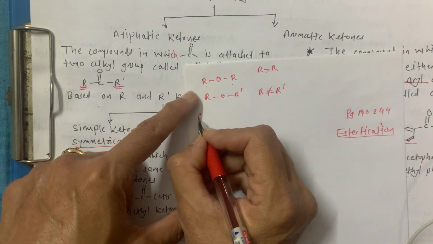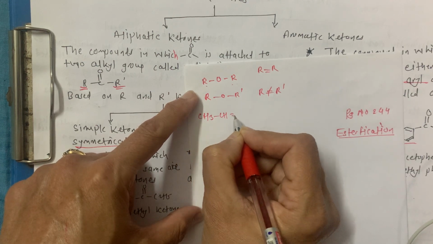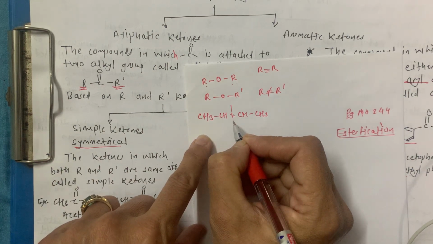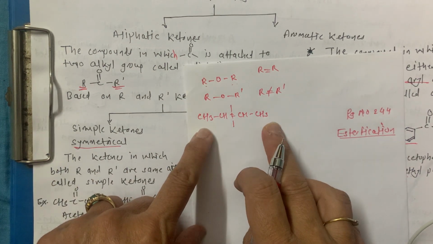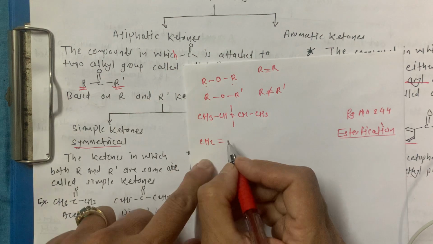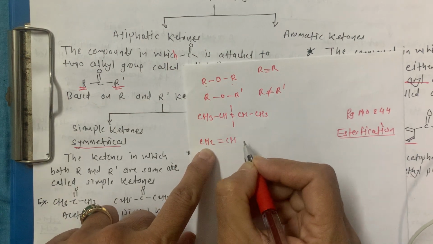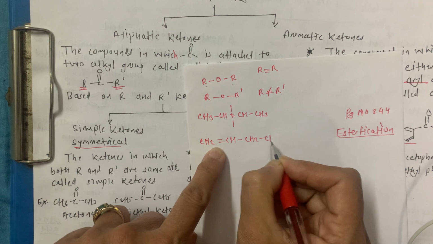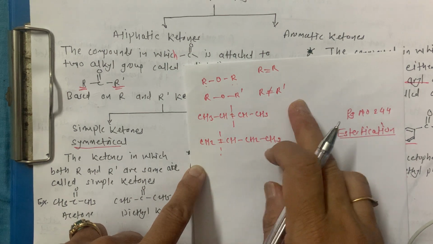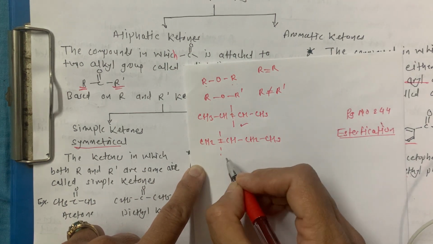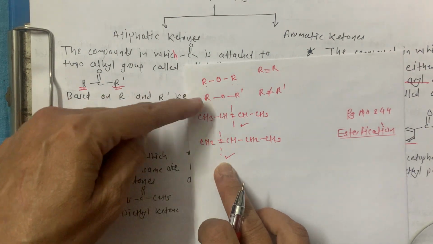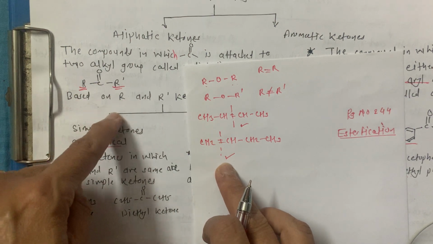Similarly, we studied in alkenes, CH3 CH double bond CH CH3, this is 2-butene, a symmetrical alkene. But if it is like this, then this is 1-butene, an unsymmetrical alkene. Whatever we studied before, I am just revising, so this idea will be clear to you.